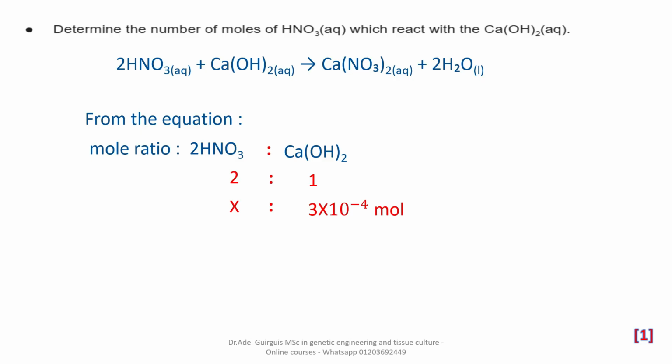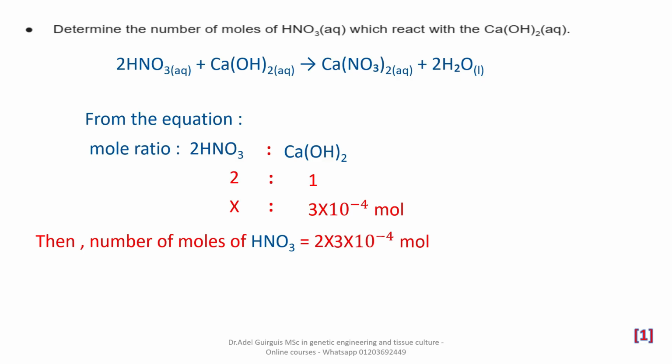By cross multiplication, or by multiplying by 2, we can obtain the number of moles of nitric acid. Nitric acid equals 2 times that of calcium hydroxide. So 2 times 3 times 10 to the power minus 4 mole. The last figure equals 6 times 10 to the power minus 4 mole.